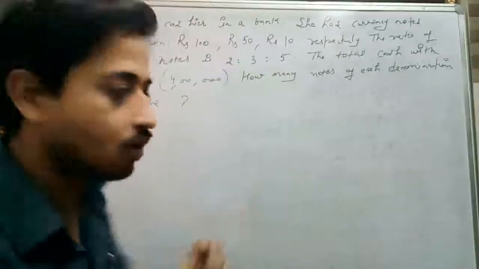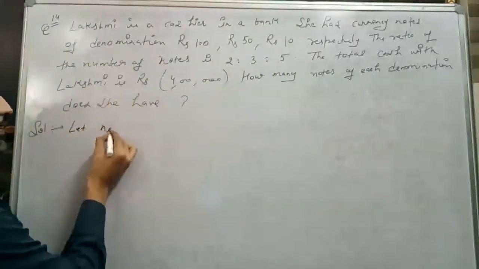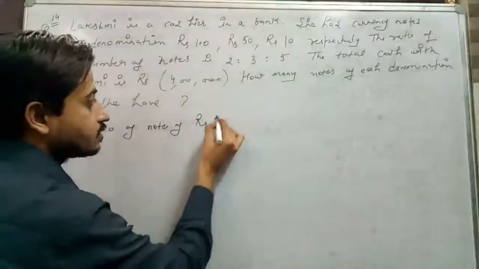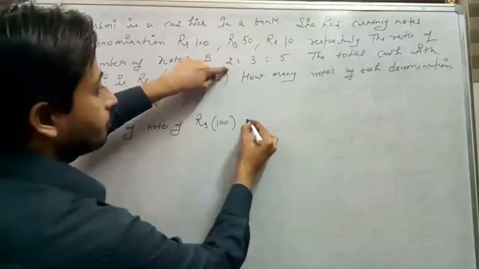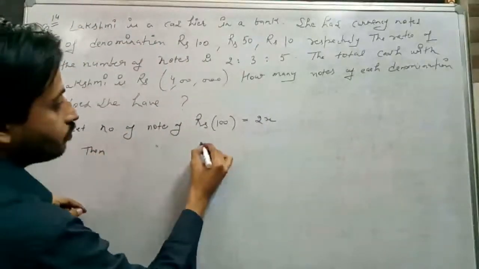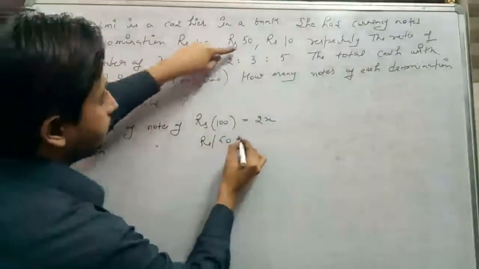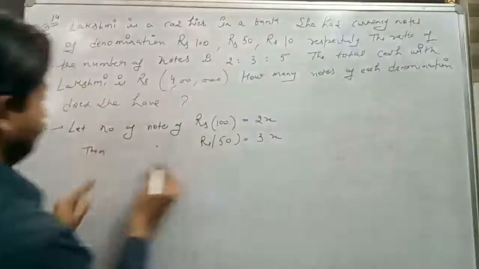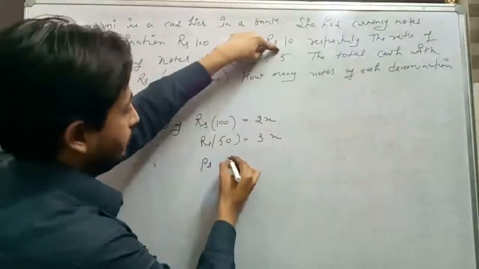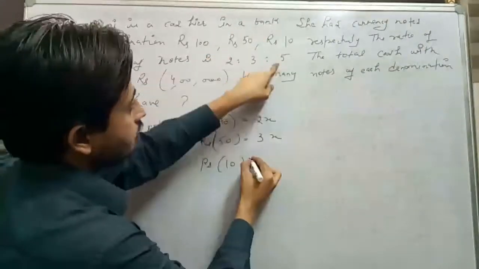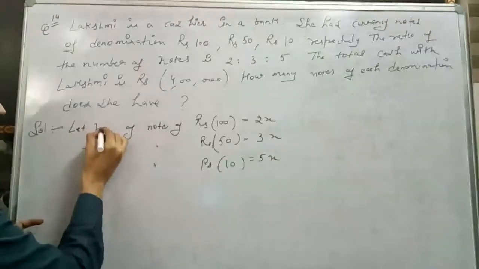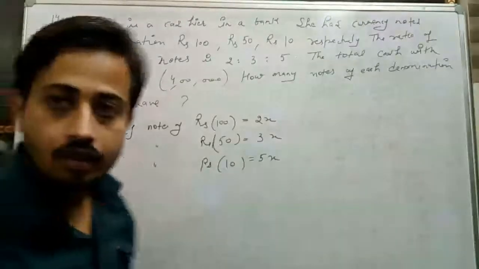Let the number of notes of rupees 100 be 2x, the number of notes of rupees 50 be 3x, and the number of notes of rupees 10 be 5x. These are the number of notes.